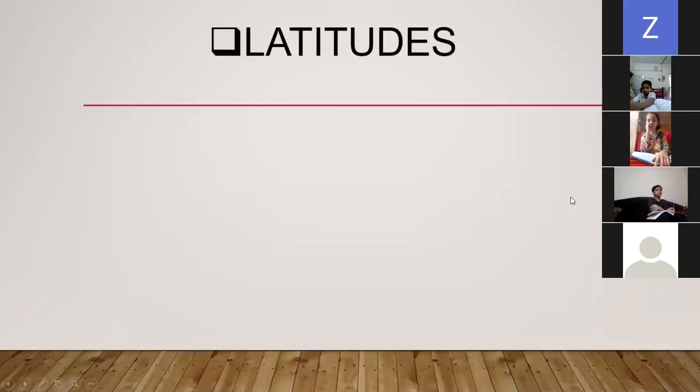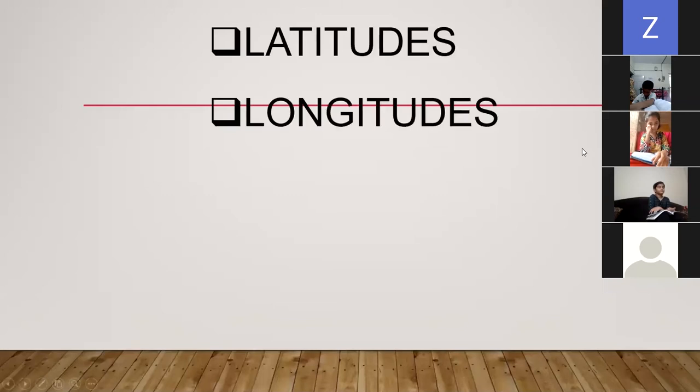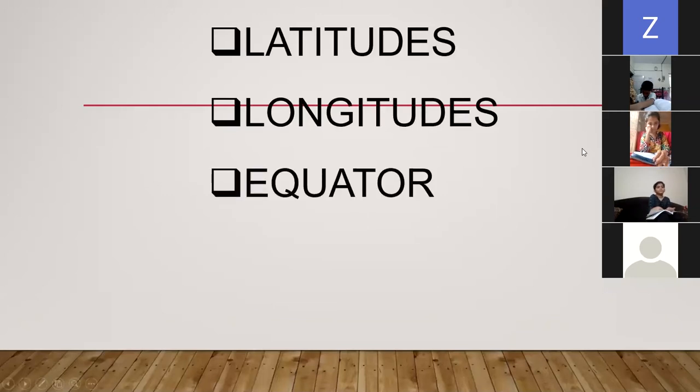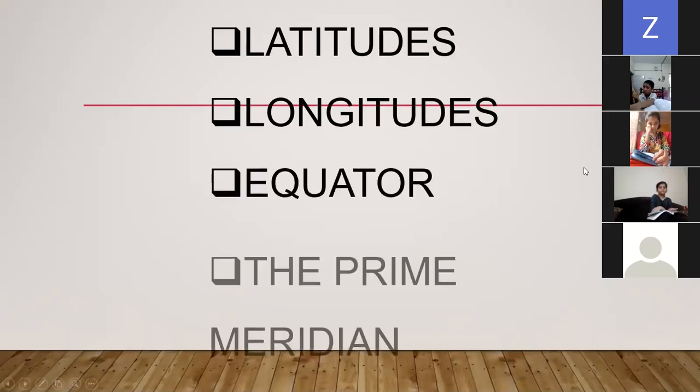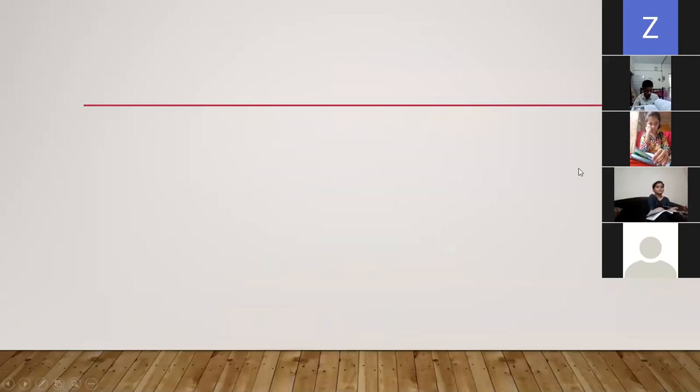So we studied about latitudes yesterday. You have a very good idea now because you must have done the activity. You drew the lines of latitude as you were told. We studied about longitudes. We had an idea of the equator, and we studied about the prime meridian. All these topics were covered yesterday.